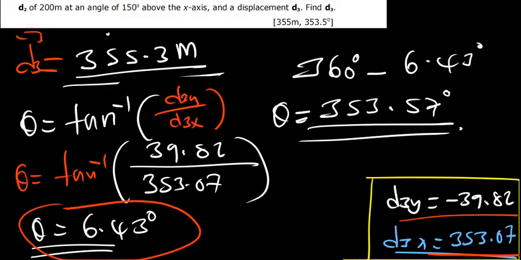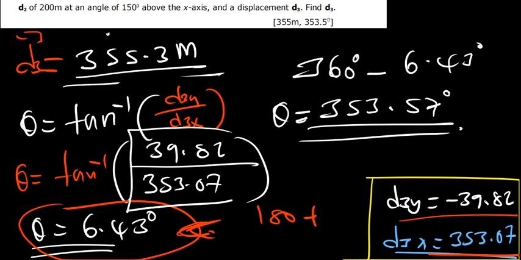If the angle falls in the second quadrant, you say 180 minus the answer you have found here. If it falls in the third quadrant, you say 180 plus the theta, provided that when you are plugging in the values here, you ignore the negative. Don't put negative here.